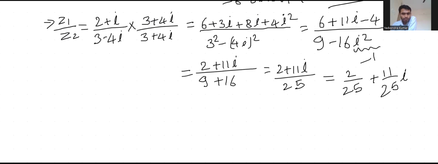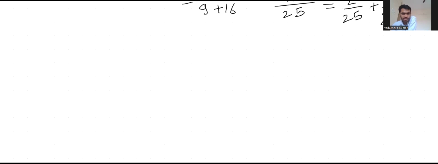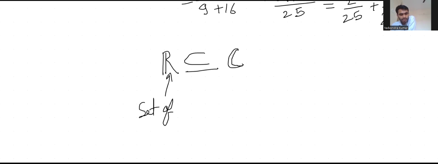Here, don't make one mistake: initially I have not defined the classification of complex numbers, but you need to understand that the set of real numbers is actually a subset of complex numbers. Let's denote the set of complex numbers by C, and this is the set of reals, and this is the set of complex numbers.